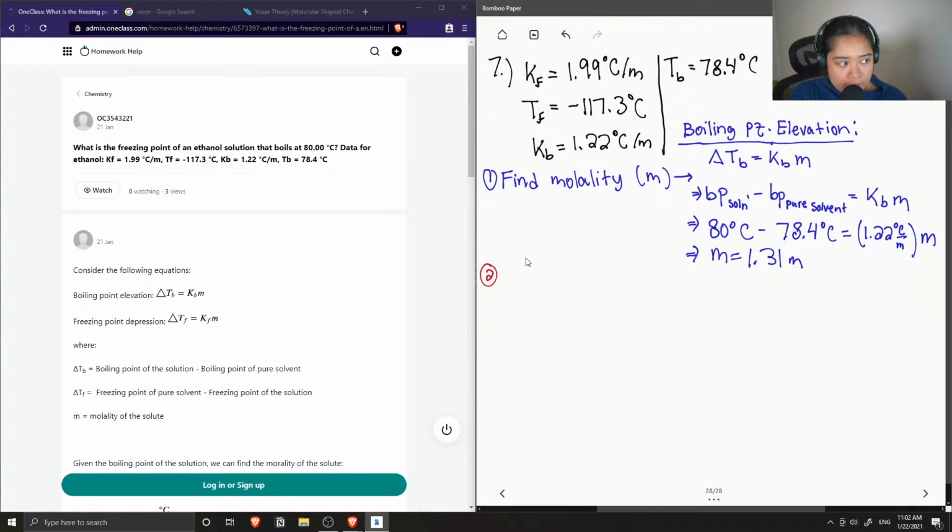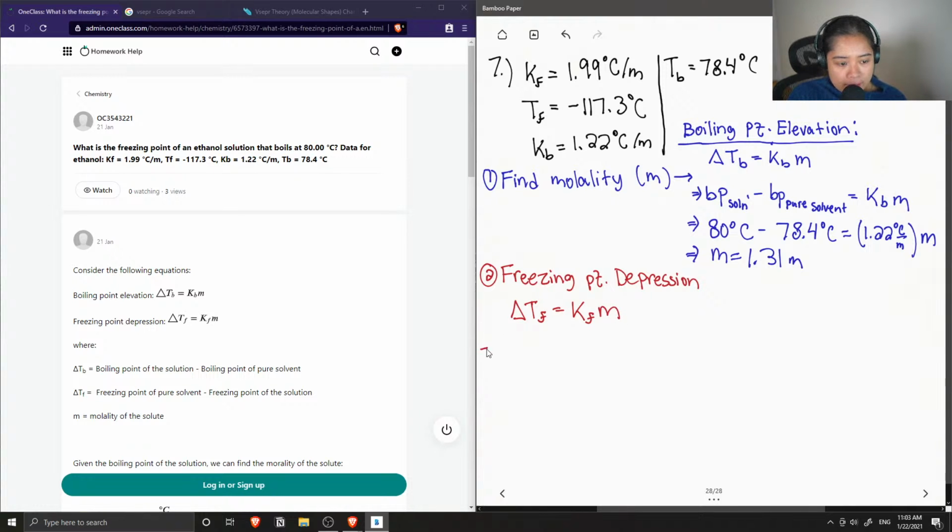Okay, so now for step 2, I'm just going to write the equation for freezing point depression. So similar to the boiling point elevation, it's going to be delta Tf is equal to Kf times molality.